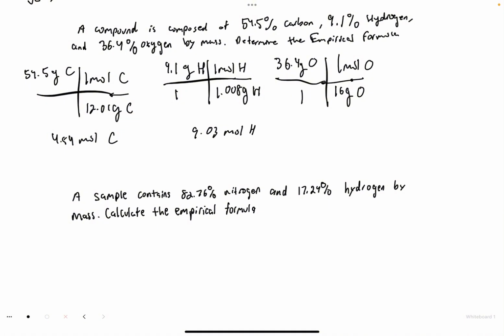So that's not really going to be my lowest value. And the 36.4 divided by 16, that would give me roughly 2.275 moles of oxygen. So I can tell that this is my least number of moles.